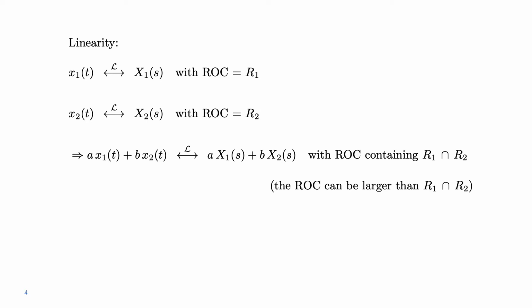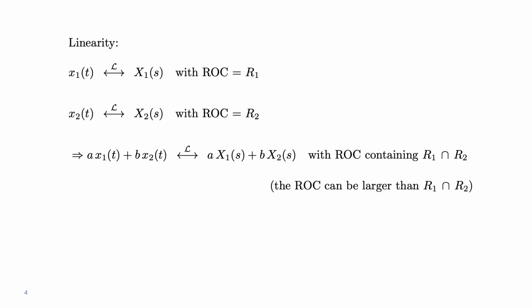The first property, as usual, is the simple linearity property or the property of superposition. It's simply stated as follows. If you have a signal x1 with Laplace transform capital X1 and region of convergence R1, and you also have another signal x2 which has Laplace transform capital X2 and region of convergence R2, then a linear combination of them, a x1 plus b x2, will have as a Laplace transform the linear combination of the respective Laplace transforms.